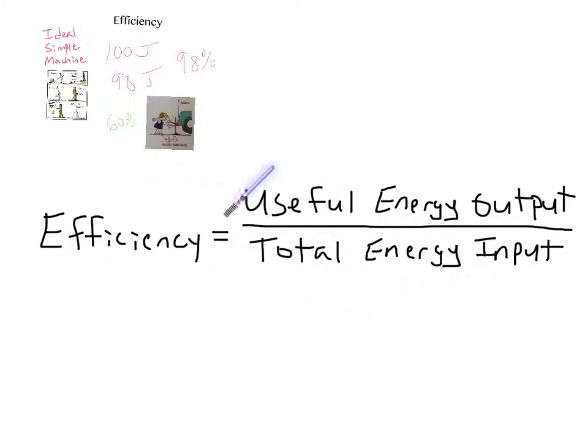Basically what this is saying is our efficiency is equal to what we get out of our machine over what we put into our machine. We're always going to put in more energy than we get out, so we're always going to get an efficiency less than 1, so a percentage of the energy that we put into it.